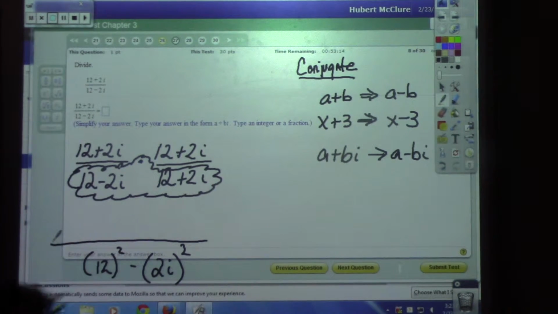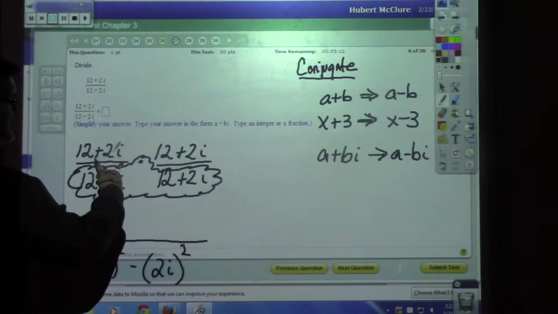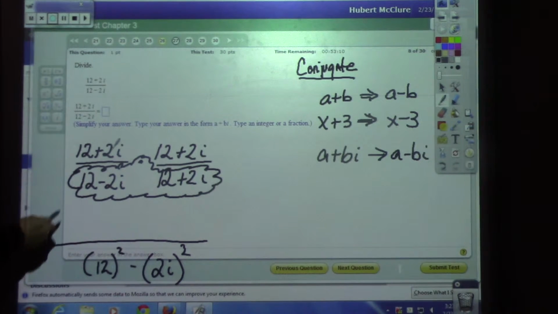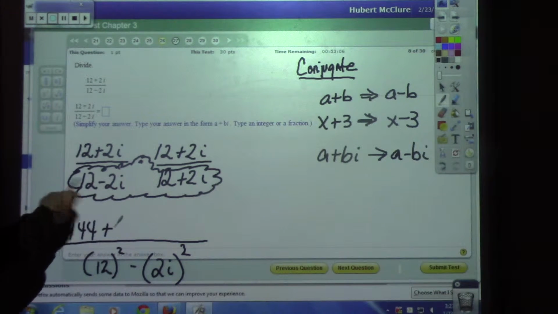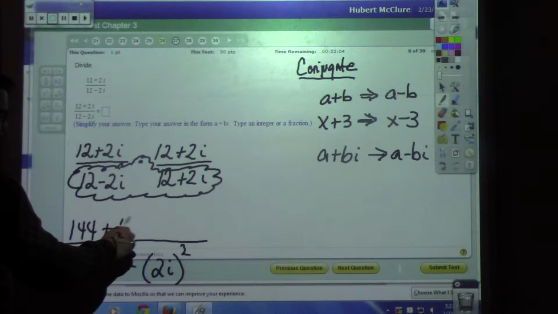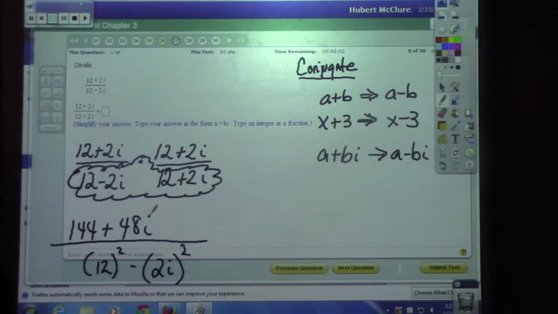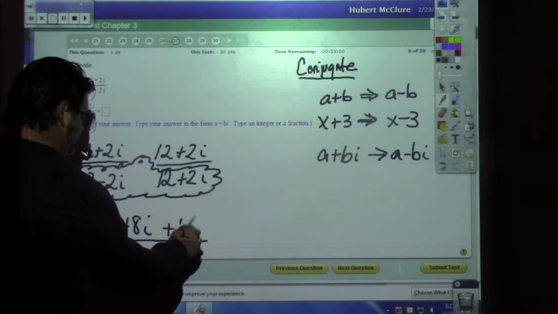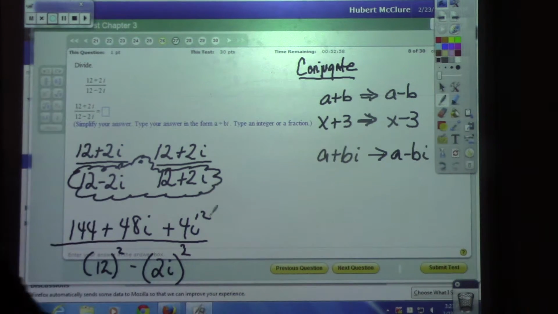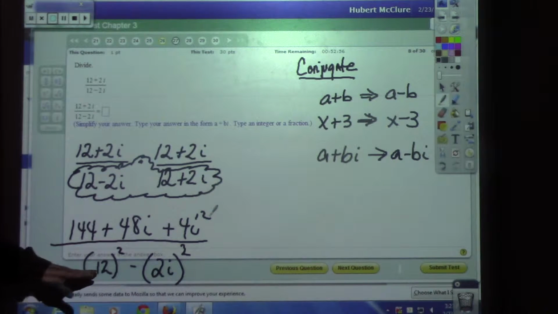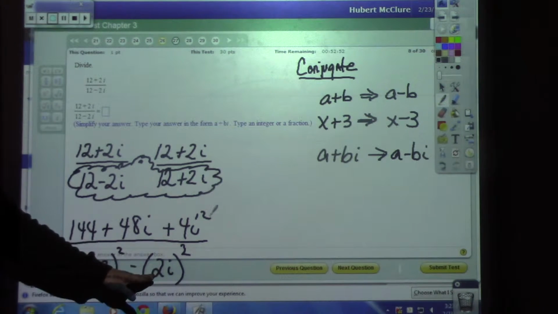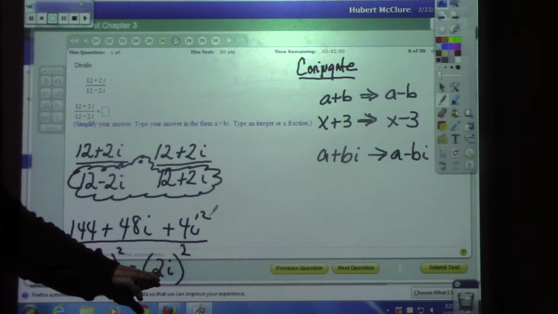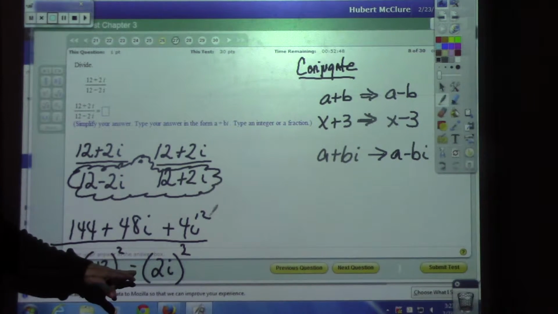The numerator comes out to be shortcut number 1, which is 144 plus 48i plus 4i squared. And then on the bottom, 144, be careful here, that's a minus 4, and this is a negative 1, but that's a positive 4.